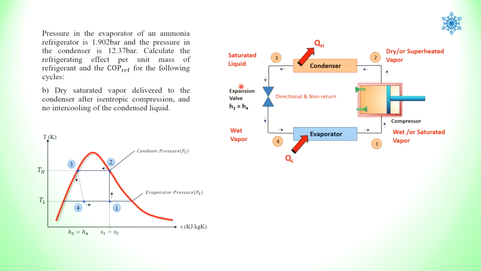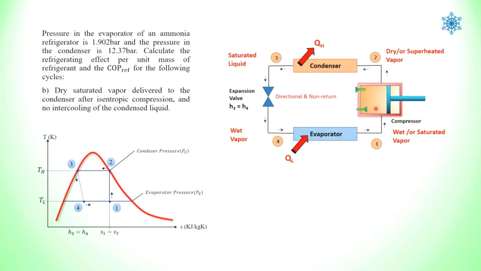So during this irreversible expansion process, the enthalpy at point 3 would be equal to the enthalpy at state point 4, according to the irreversible throttling process, which you have studied in steady flow devices, where anything involving expansion through a valve becomes irreversible.